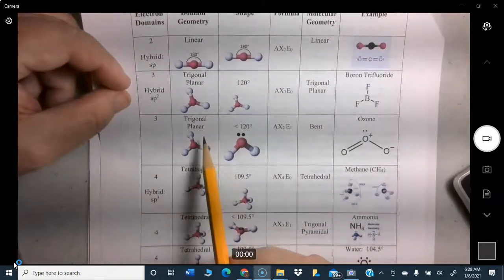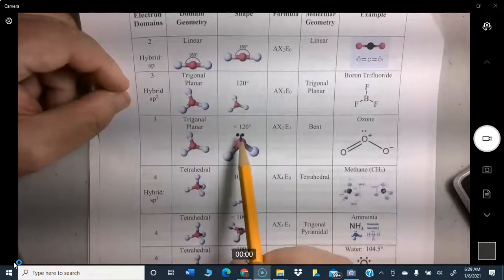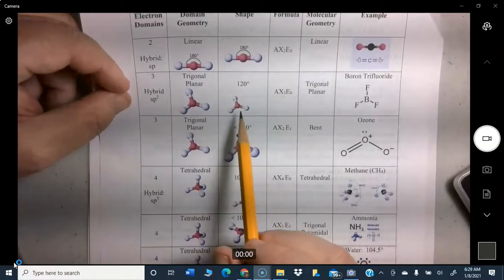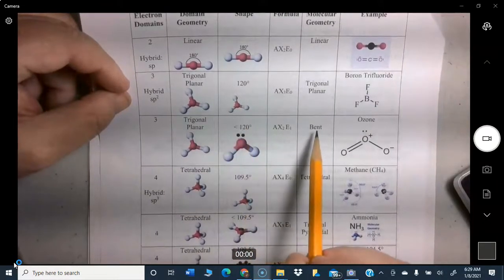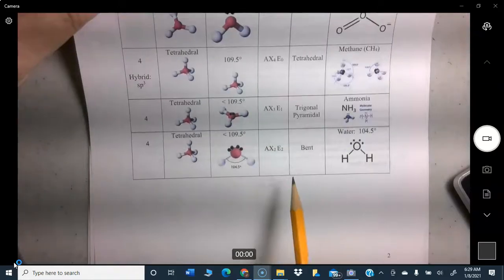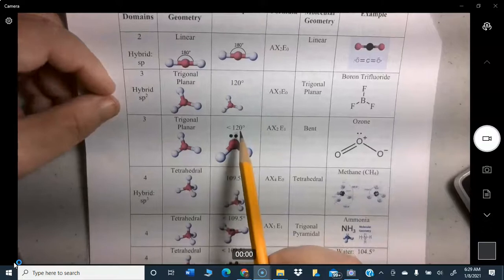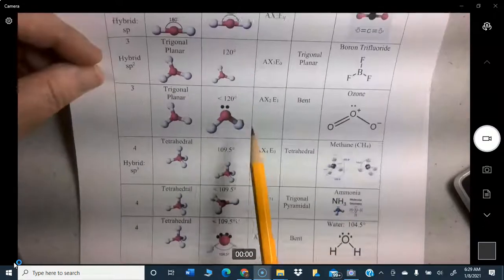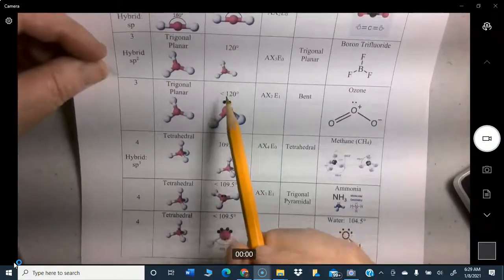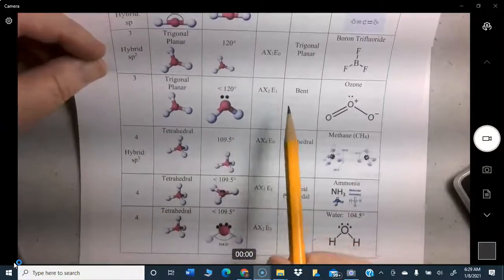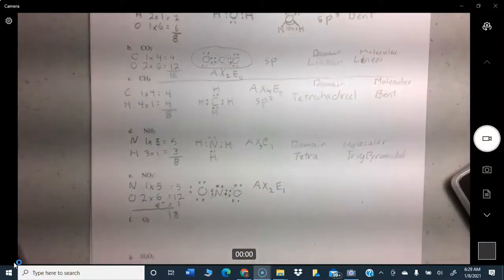It's part of the trigonal planar family, but it doesn't have a third atom to make a trigonal planar, so it's actually a bent molecule. Not exactly the same as water being bent. Different bond angle for this bent molecule than this one, because there's a different number of lone pairs on these 2 molecules. So that's a bent molecule.